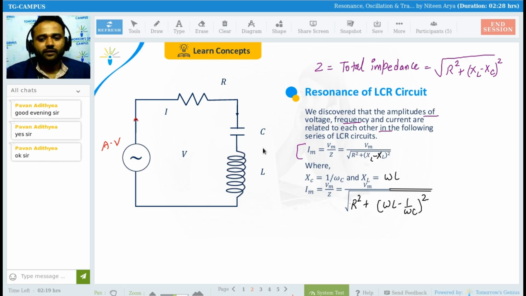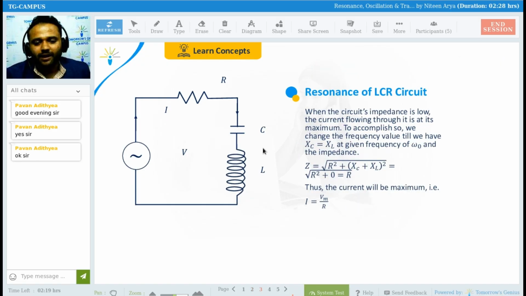So what is a resonance circuit? The resonance circuit is a circuit in which the impedance is minimum, where omega L equals 1 upon omega C, or you can say XC equals XL. In this condition the circuit impedance is low, so note down, as the first point, that the current flowing through is at its maximum.